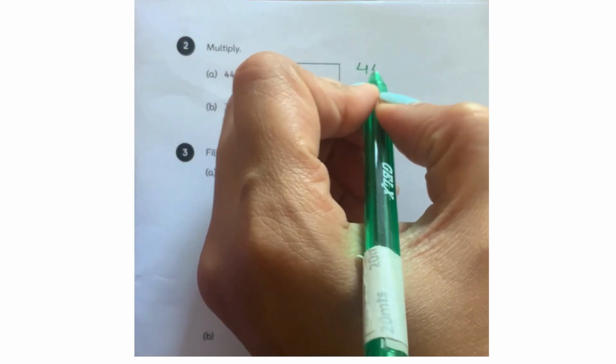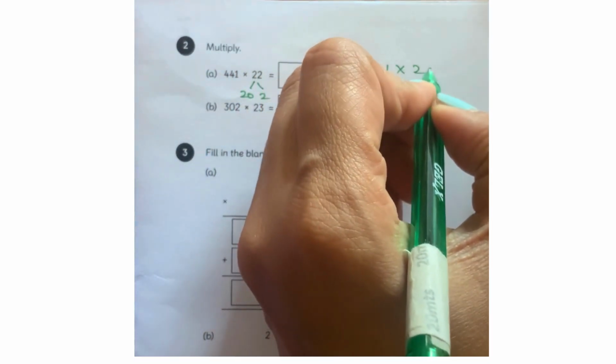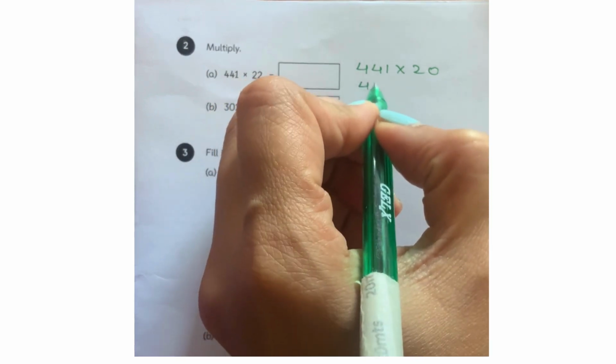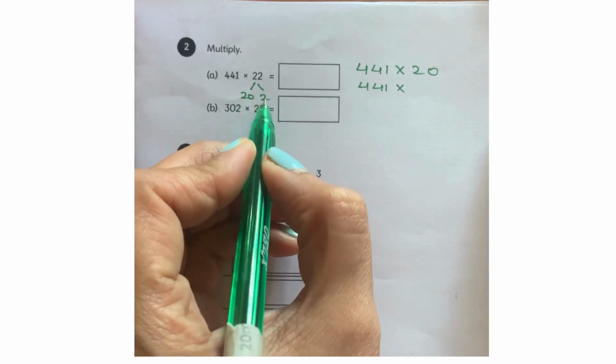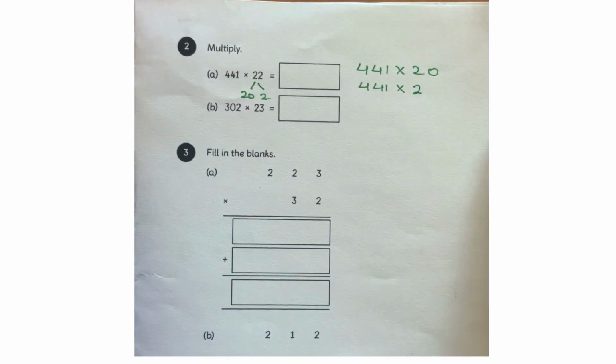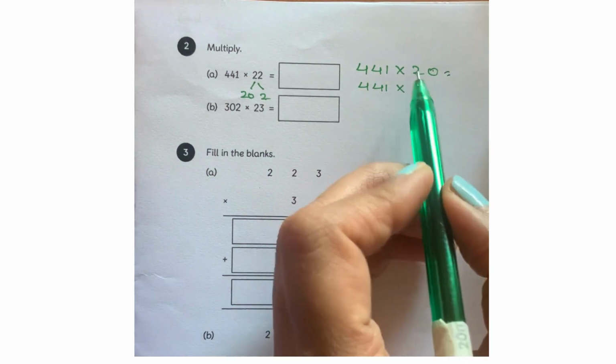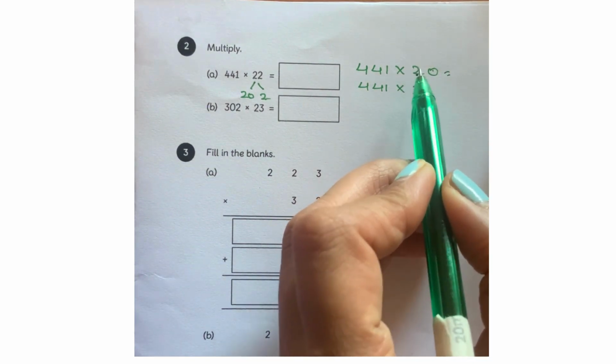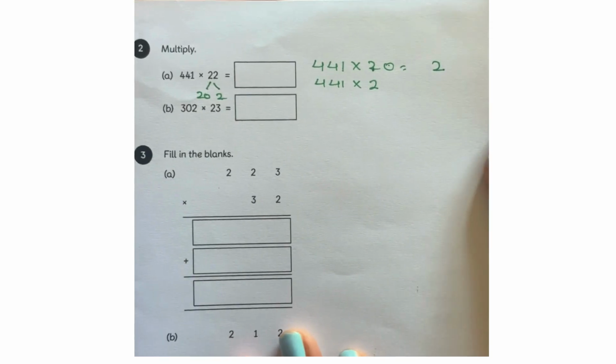So I will do 441 times 20 and 441 times, what is my next? 2, right? So let's start. I will hide my 0. I'll start with 2. 2 times 1 is 2. I hope that's visible.